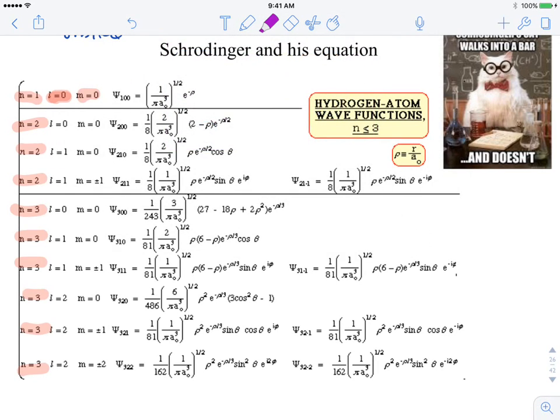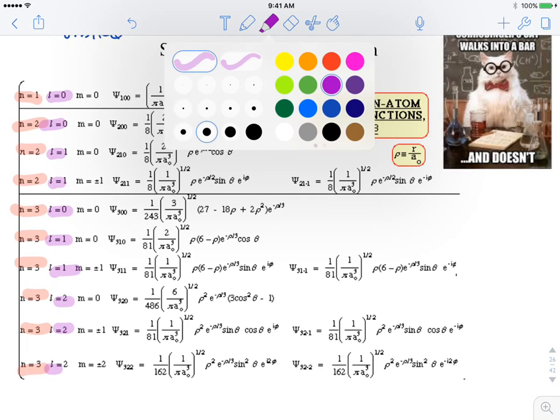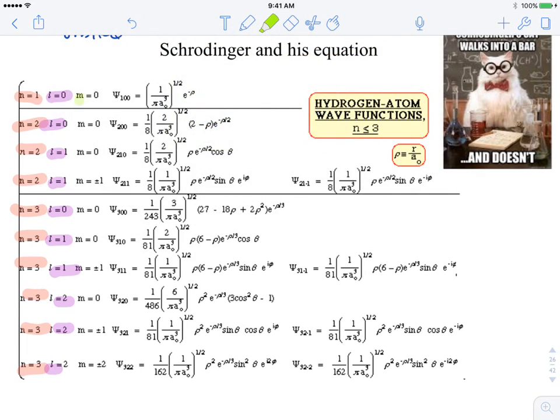So here are the sublevels. And then you also have the orbitals, which you can do in a different color. So for each one, there's the orbitals. Orbitals highlighted here.